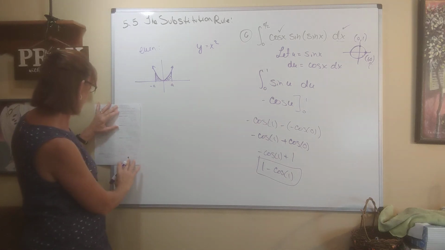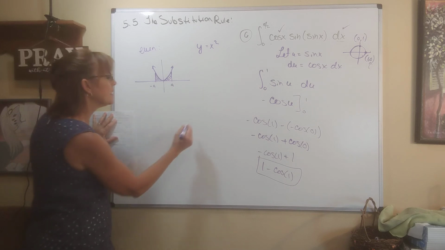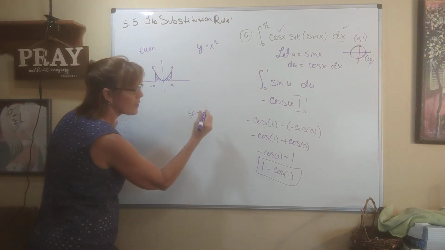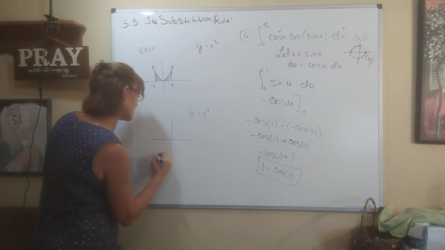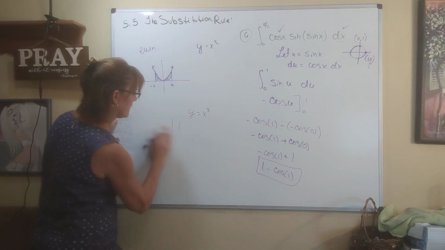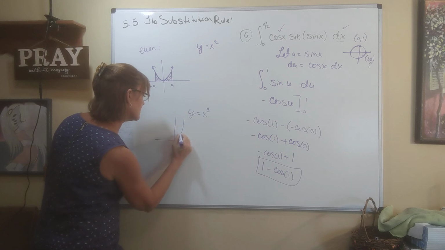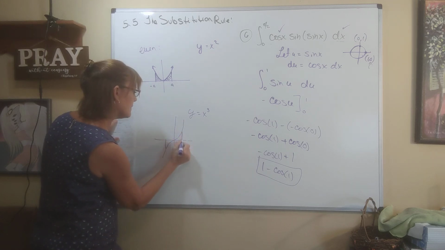The second rule: if f is odd, then you can integrate from negative a to a and it's equal to 0. Why is that? Here is a picture of an odd function, which is symmetric about the origin, x cubed, and it looks like this. Let's say we're going to integrate from negative a to a.